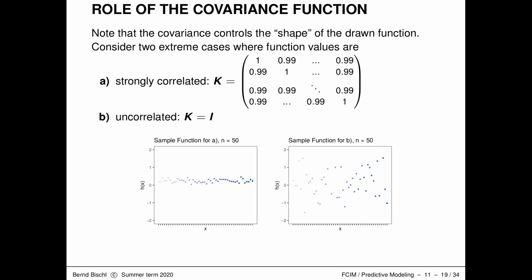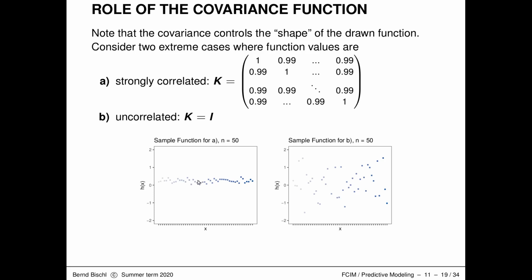So I guess you might have already seen this in the last example, or might have guessed that. Here are 2 very extreme cases. In situation A, I specify a covariance function K where all of the values are super highly correlated to each other. So I'm putting a 0.99 in every entry. That means that the outcome of each point is super highly correlated with the outcome of its next neighbor or of its second or third or 10th neighbor.